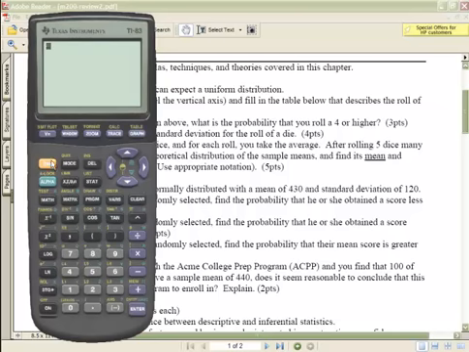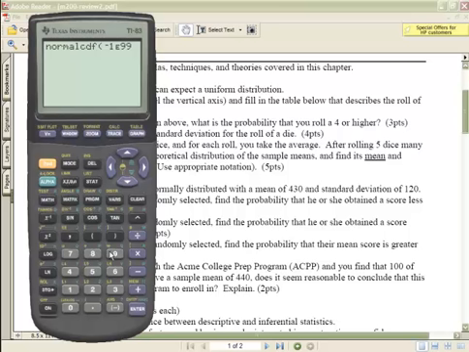So the normal CDF, second, distributions. The first one's normal PDF, which we will never use. You can read about it if you want to know how it's used, but we're going to use normal CDF. The minus sign is the minus sign next to the enter button. 1E is above the comma, so second function of the comma, 99.